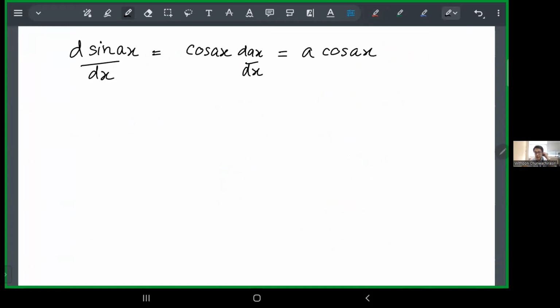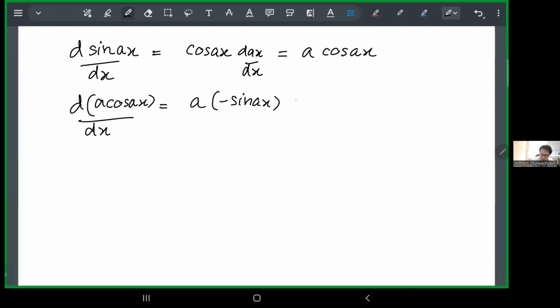But then it's not done yet, because you have to do it two times. You differentiate that one more time with respect to x. So this is the second derivative of the original sine ax. You get a, it's a constant, and the derivative of cosine gives you negative sine.